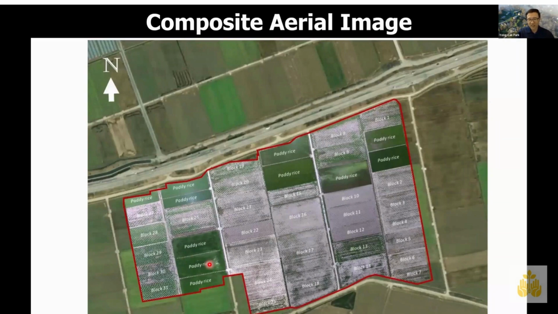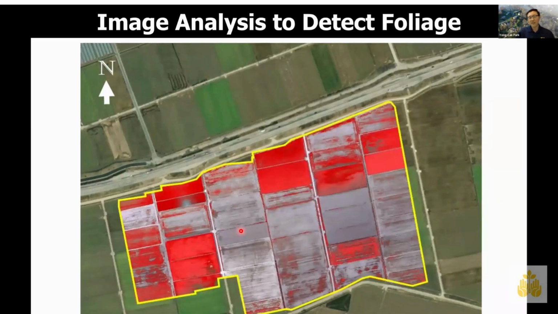But can you see all of this area is heavily defoliated? So what's next? We did the image analysis to extract the green foliage. Basically, the redder the color, the healthier, and the grayer, the less healthy.